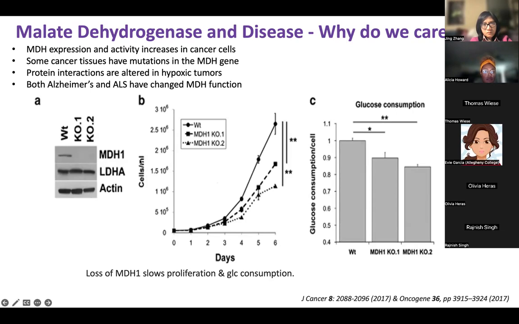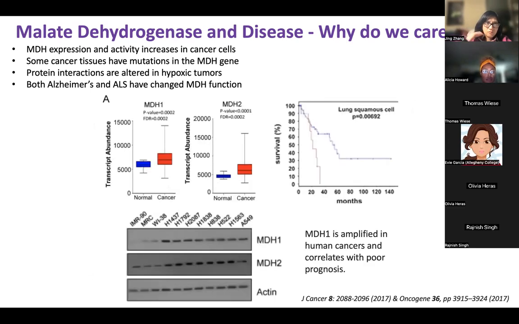They were doing these in Jurkat cells. They also use less glucose. It's not a shocker. When you compare cancer cells versus normal cells, in MDH1 you get more mRNA. This came from a database that your students can actually study and look at different cancers and different genes, including MDH. They picked a couple of lung cancer patients and showed a modest increase in messenger RNA transcripts.